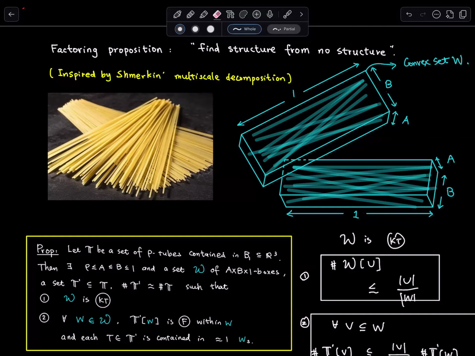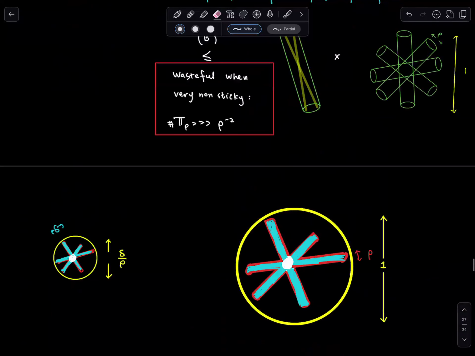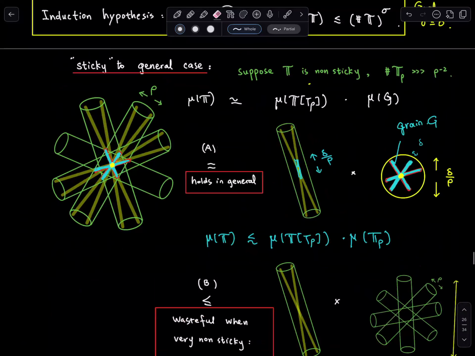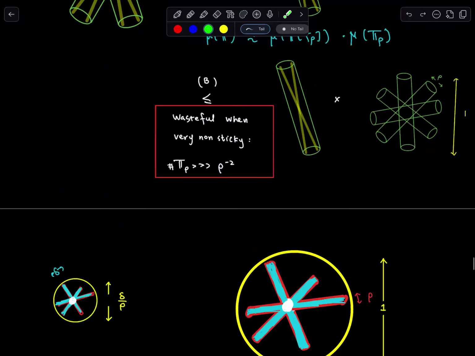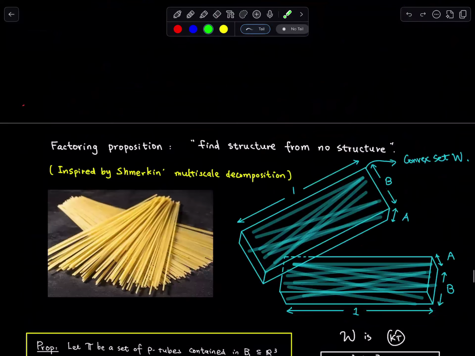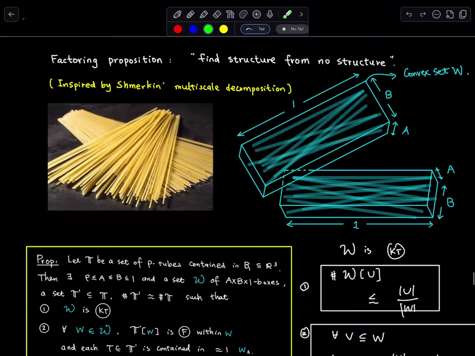So here we say that when we study the grains, the main difficulty is that we don't know anything about the grains. What this factoring proposition tells us is that, given an arbitrary set of rho tubes, like grains, we can still find structure from no structure.